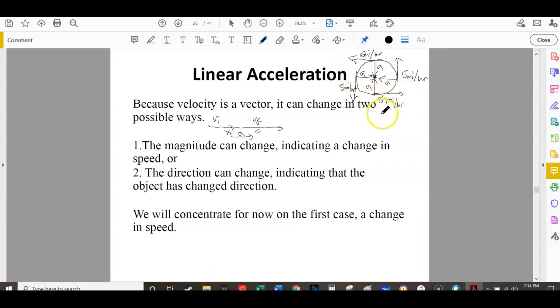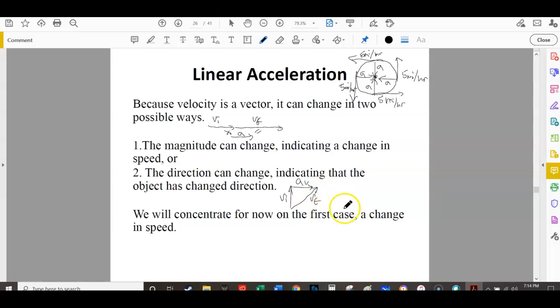But the actual speed is the same every time. However, there is an acceleration vector associated with this. And that is another way that velocity can change: you take your initial velocity vector and add to that an acceleration vector, and now you have a final velocity vector.